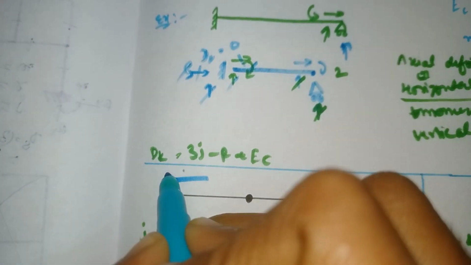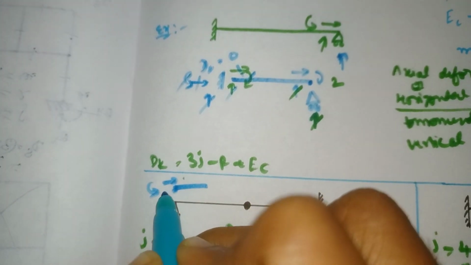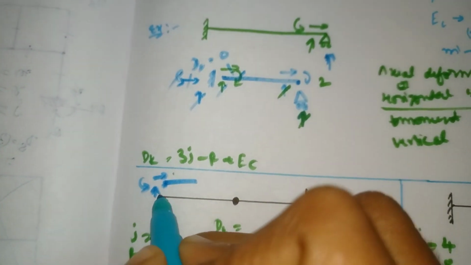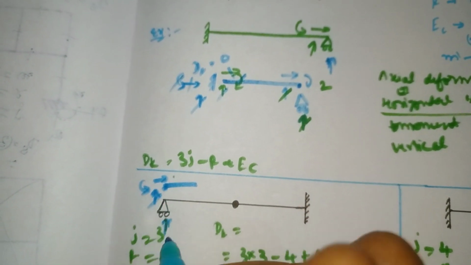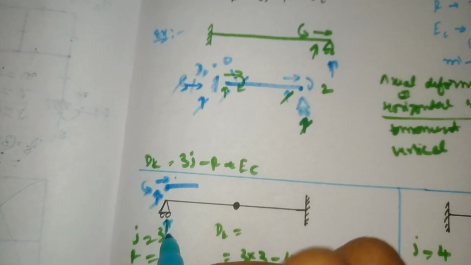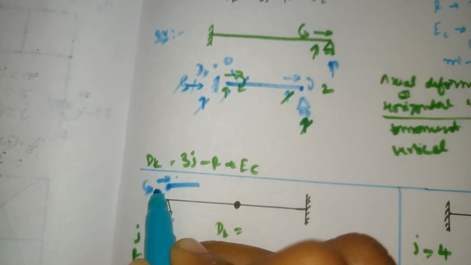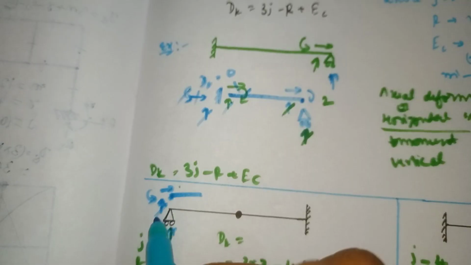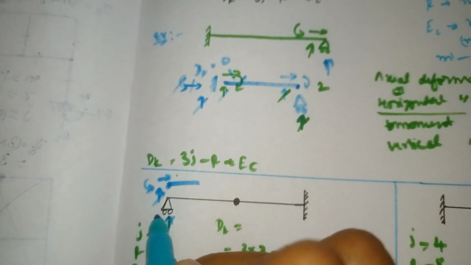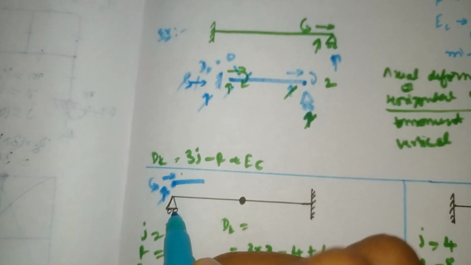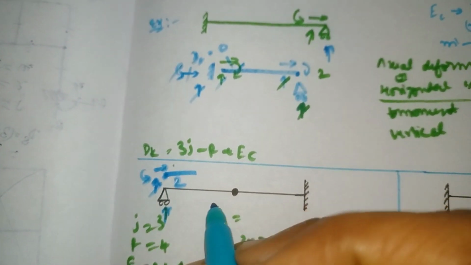The possible deformations are vertical, horizontal, and movement. So here the vertical force will get cancelled with each other. Here also the vertical deformation and vertical reaction both will get cancelled. The remaining 2 deformations will be there. The degree of freedom is 2 only, due to the roller support. So our dk is here 2.